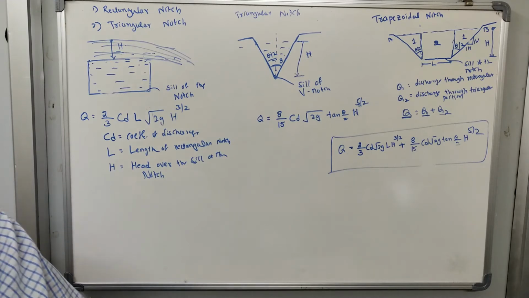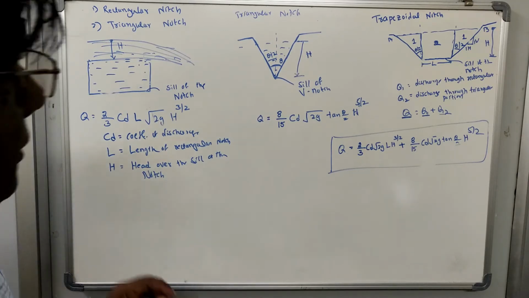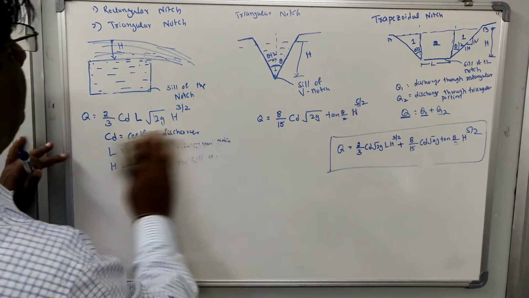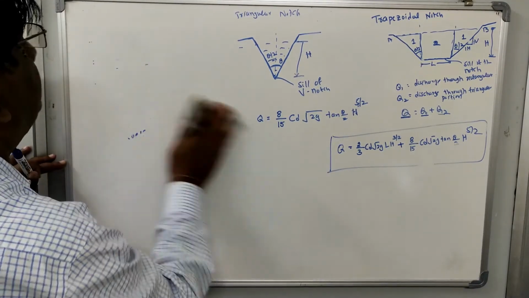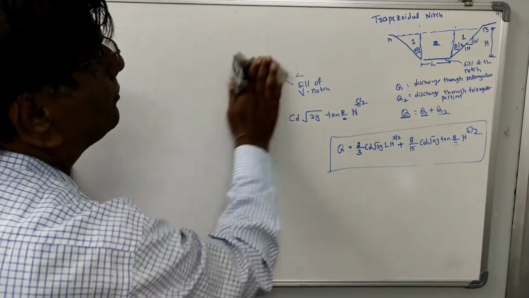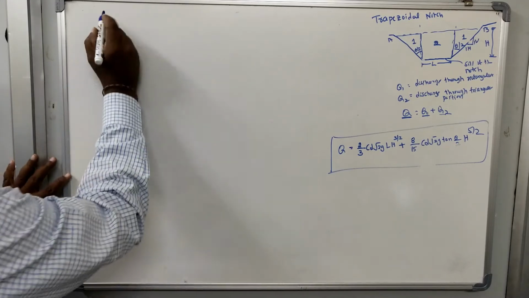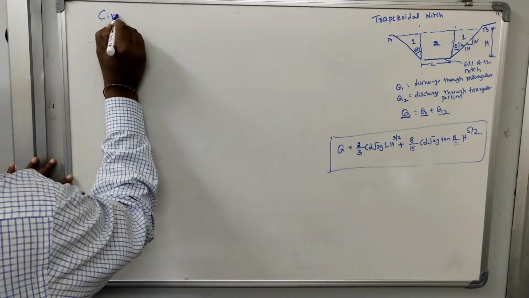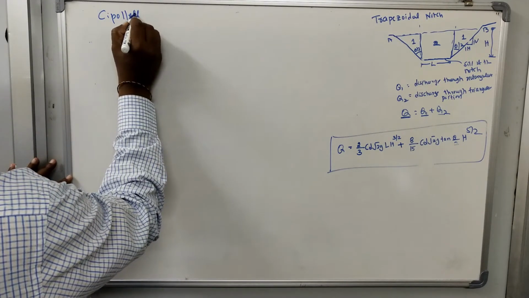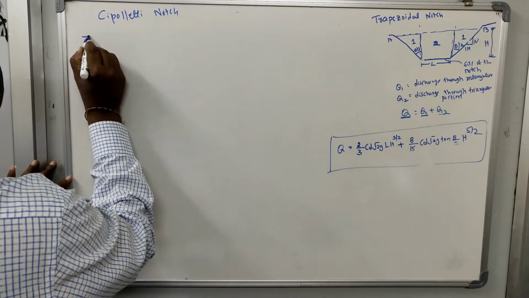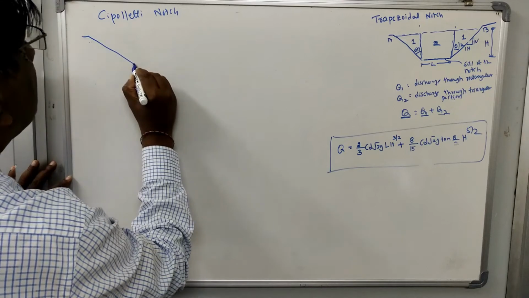Then we have another type of notch, that is the Cipolletti notch. Cipolletti notch means it is nothing but the rectangular notch only.